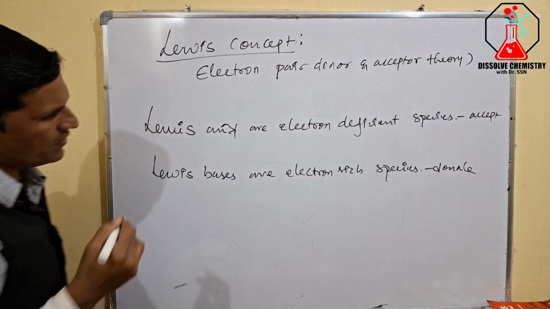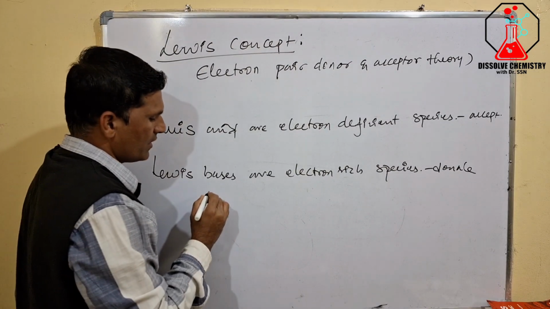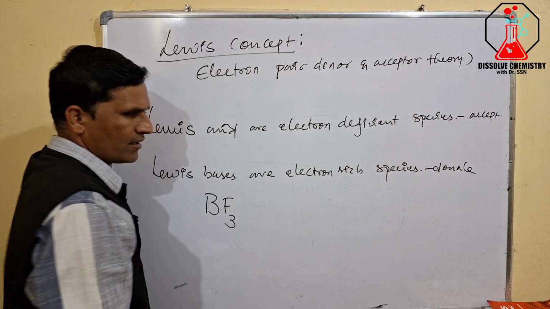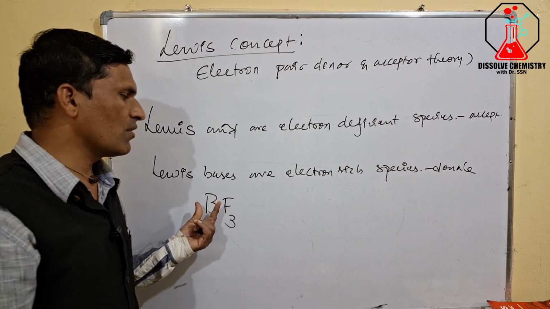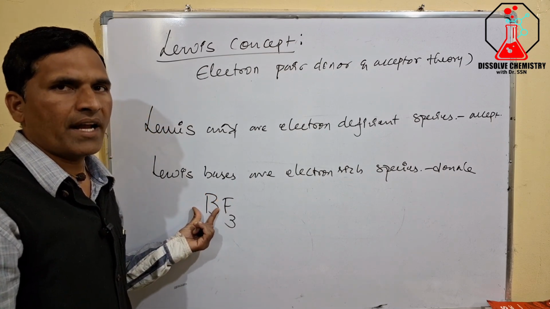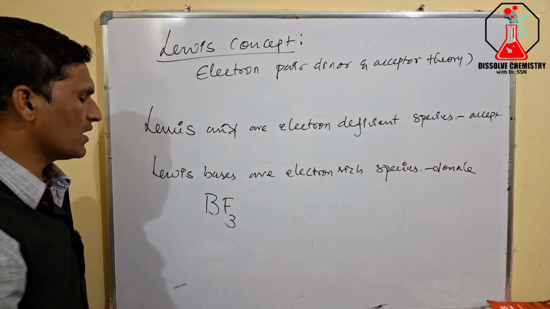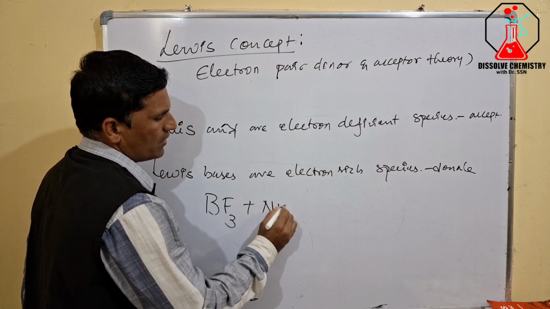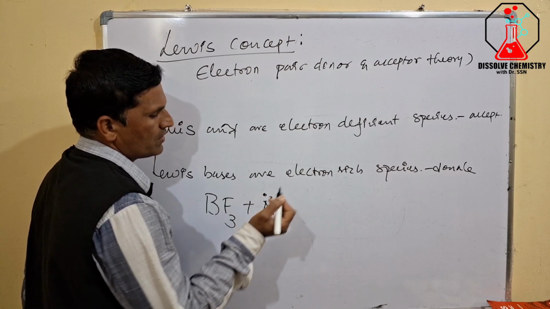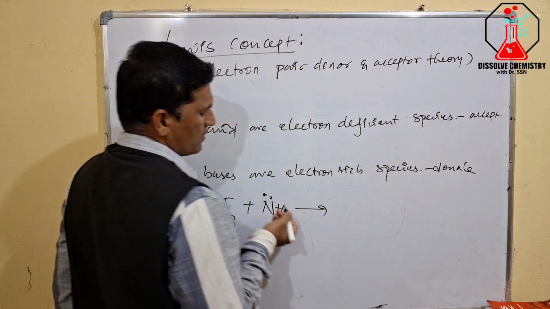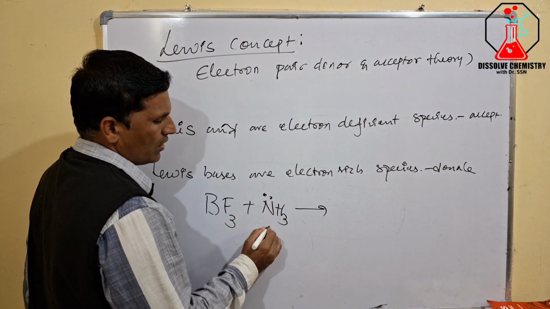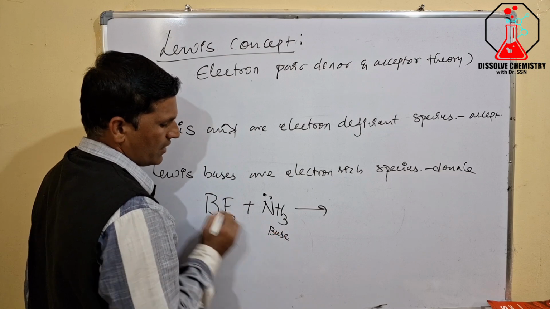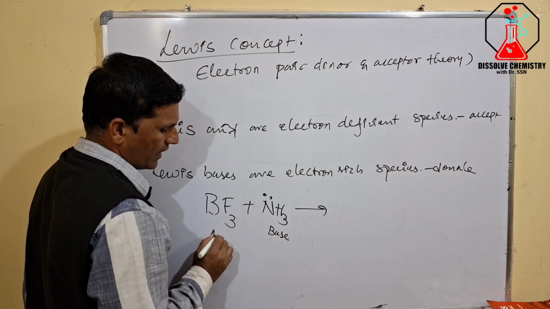Okay, an important example of an electron deficient species is boron trifluoride, which has one vacant orbital on the central boron atom. We know that one. Hence it always has electron affinity. So NH3, as it has one non-bonding pair available, will act as a donor. Electron pair donor means base, and your boron trifluoride acts as acid.